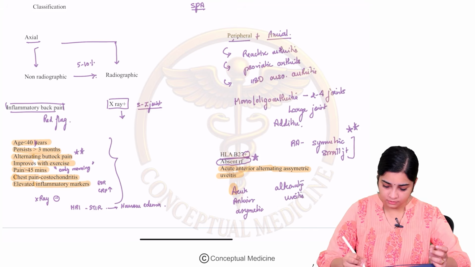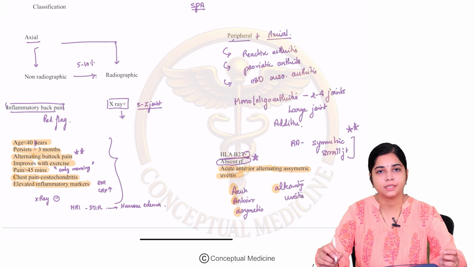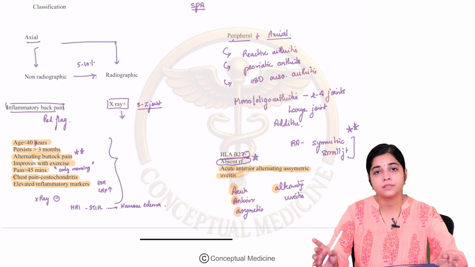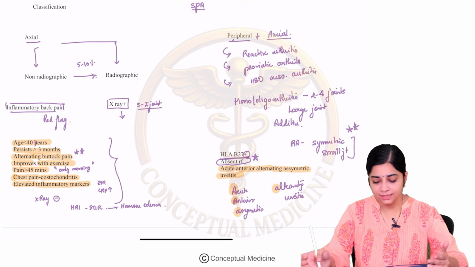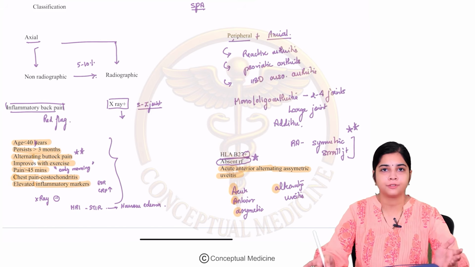Okay, so acute anterior asymmetric alternating uveitis. Remember all these four words. So it's often an acute onset uveitis, which is predominantly an anterior uveitis, which is asymmetric and it can occur in either of the eyes.